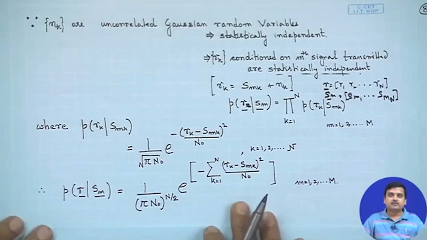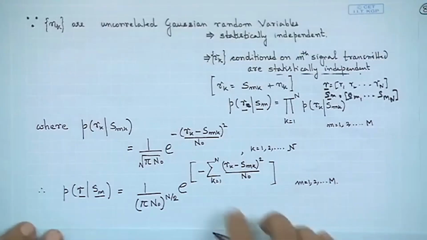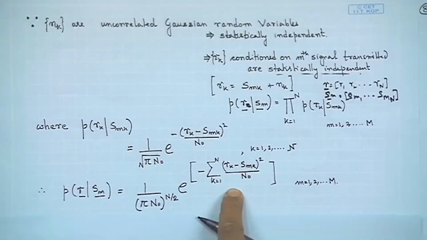Now, this is a very important expression that we have arrived at. So, we should be carefully noting this, because in the next discussion we will take advantage of this particular expression to derive our receiver, which is still to be developed.